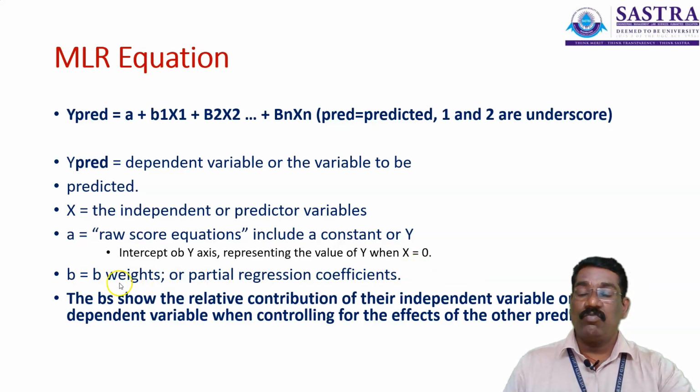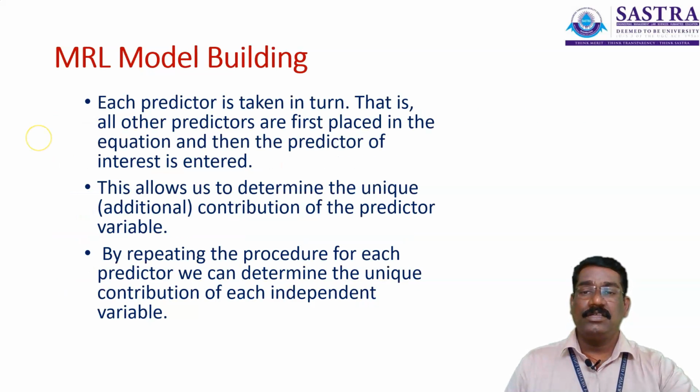B is equal to the weight or partial regression coefficient, and x1 is considered to be the independent variable. The B shows the relative contribution of the independent variable on the dependent variable when controlling for the effects of the other predictors.